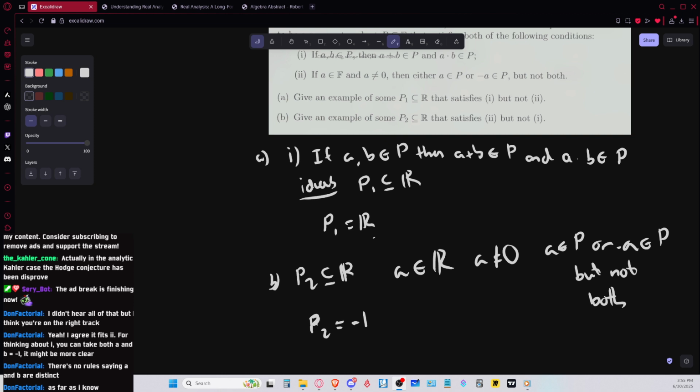So we can get -1 for the multiplication, but there's no way we're going to get -1 on addition unless B was equal to 0. That's the only way I can see it. But if B is equal to 0, then it breaks, because let's say A is -1 and B is 0, right? Then we would have 0, and that's not in P2, so it breaks.